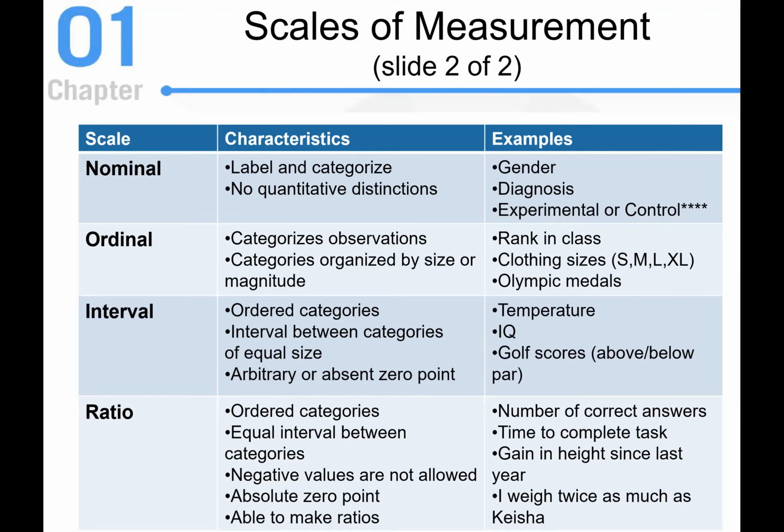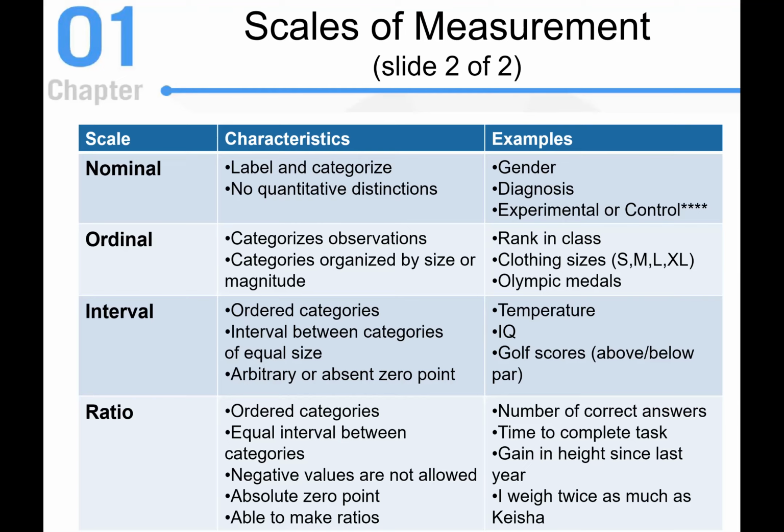Another example of this is the time to complete a task. There's a 0 point to this. You could not complete the task, which would mean you get a 0. There's no negative values. There's no negative time you can get.